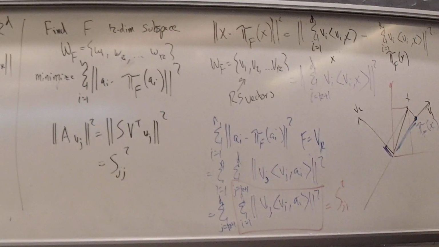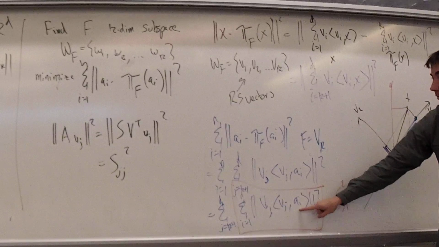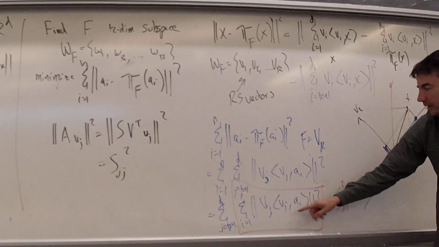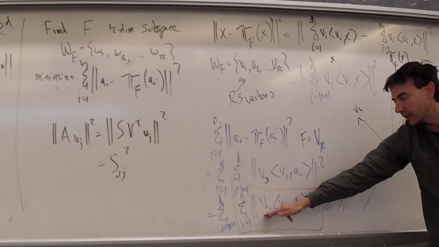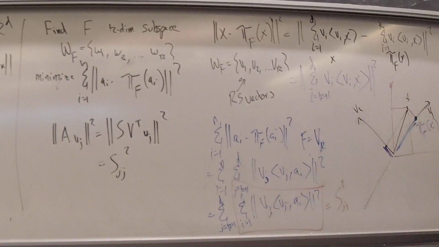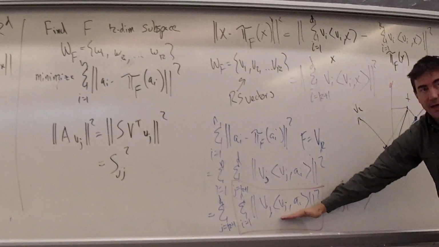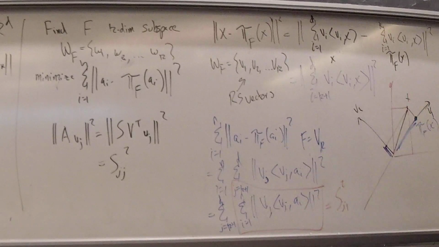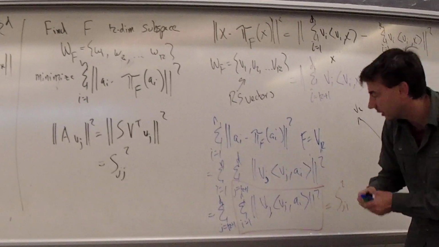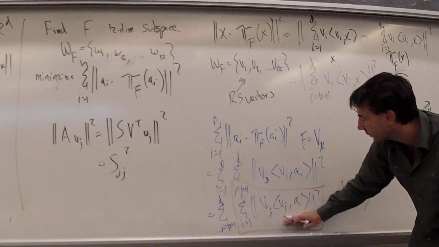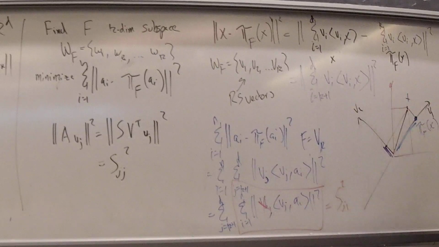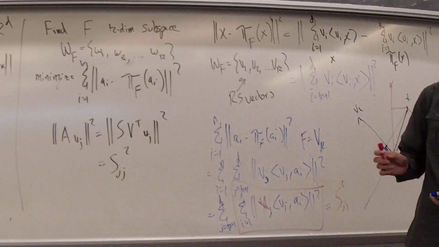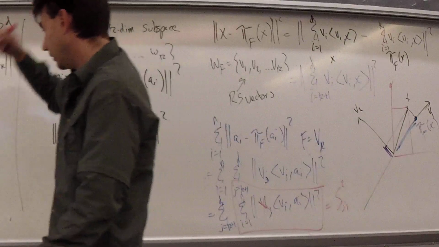I'm summing up the contributions of every point ai. This is a unit vector, so I can factor this norm out, and I'm just left with this dot product. This is a scalar, this is a unit vector, so it goes away, and it's just the sum of these dot products, which is just the variance, the variation along this direction.